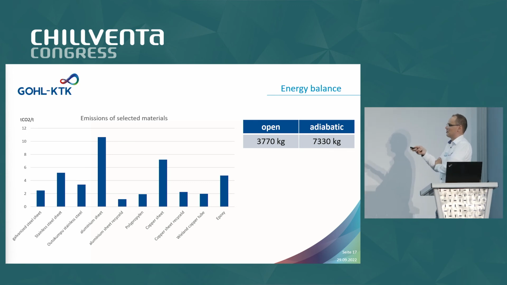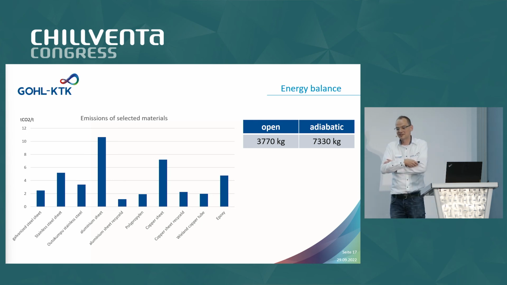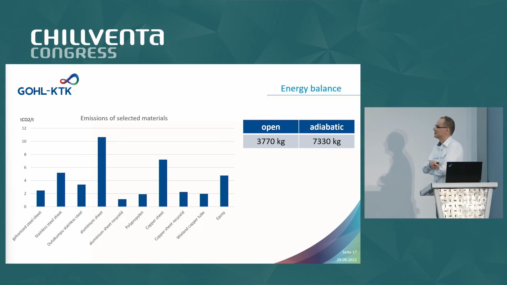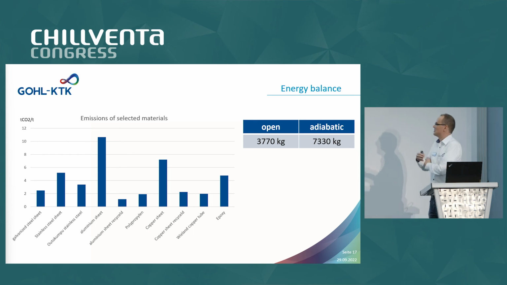It's more extreme for aluminum sheet metal, which is mainly used in finned coils as fins. If you have new aluminum, you exceed very high carbon footprints. If you use recycled aluminum, the value decreases quite a lot. So making a comparison is quite difficult.